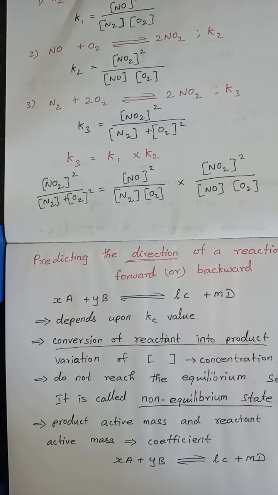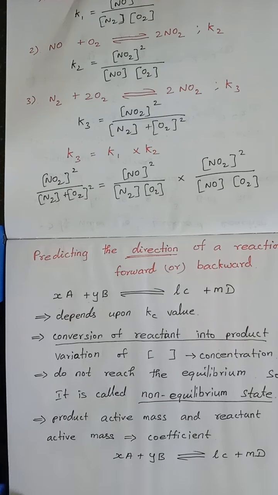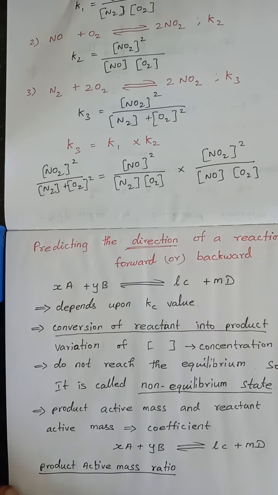In this non-equilibrium reaction, the product active mass ratio is divided by the reactant active mass ratio. So what is the formula? You write the formula: concentration of C to the power l, concentration of D to the power m, divided by concentration of A to the power x, concentration of B to the power y.